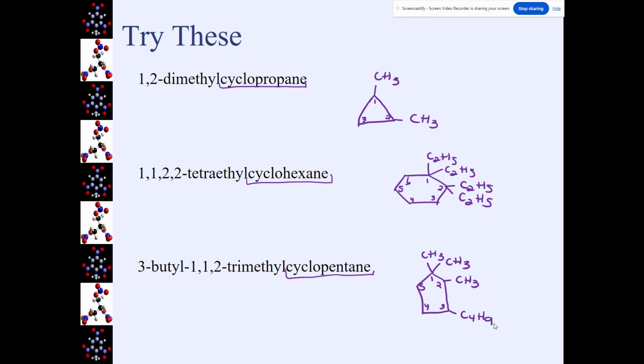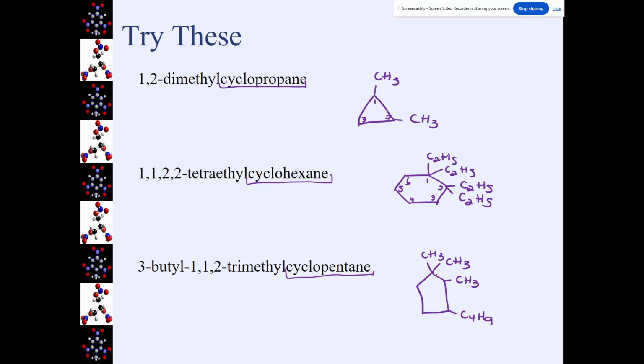Now, while we're here, let's look at writing the formulas for these, because that's still something you do need to know how to do. We'll do the last one, okay? So I'm going to erase these little numbers, and I'm going to draw carbons in this diagram.